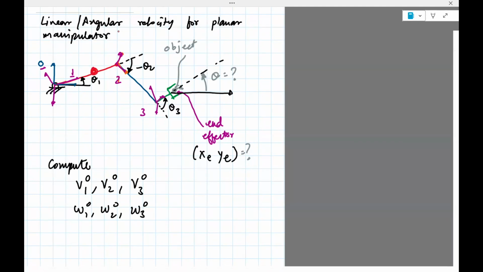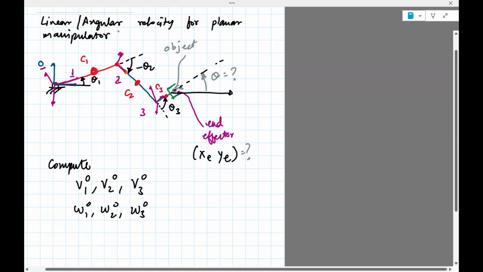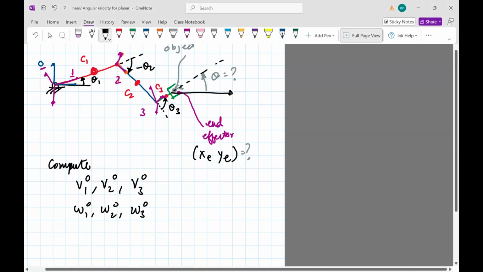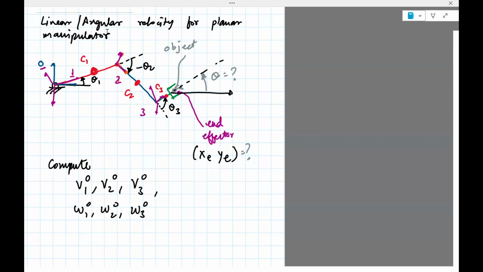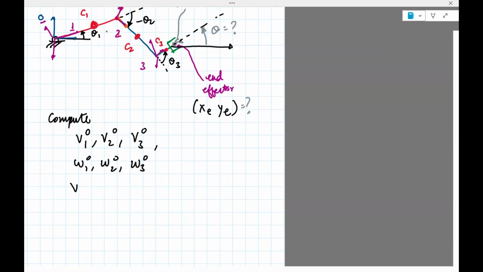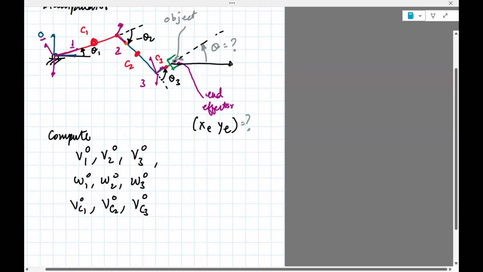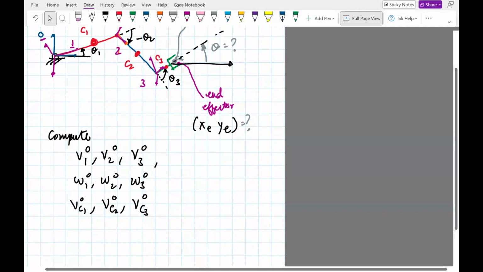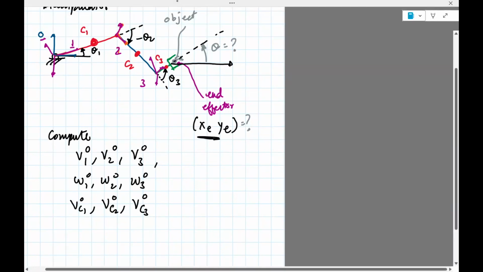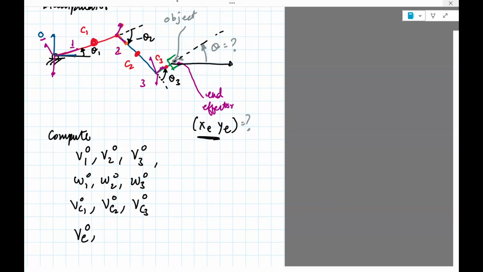Let's call that C1, C2, C3, and so on. So I want the velocity of C1 with respect to frame 0, C2 with respect to frame 0, C3 with respect to frame 0. And then there's an end effector here. So velocity of the end effector with respect to frame 0, and the angular velocity of the end effector.